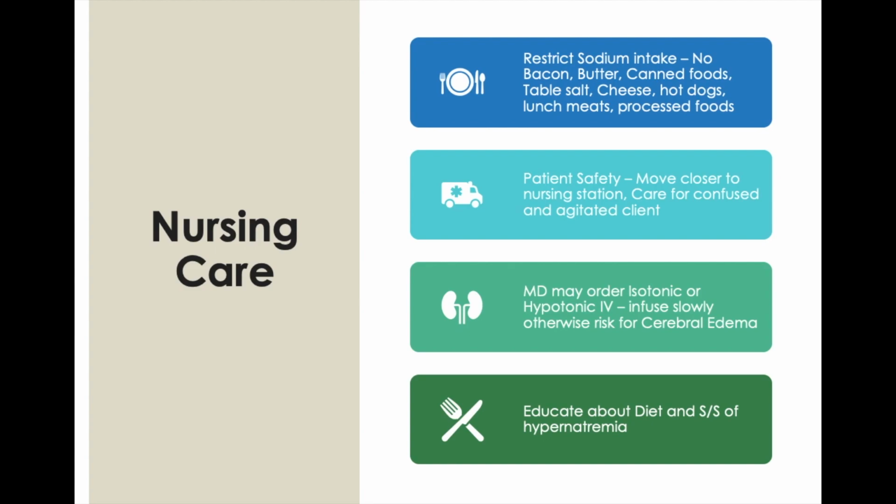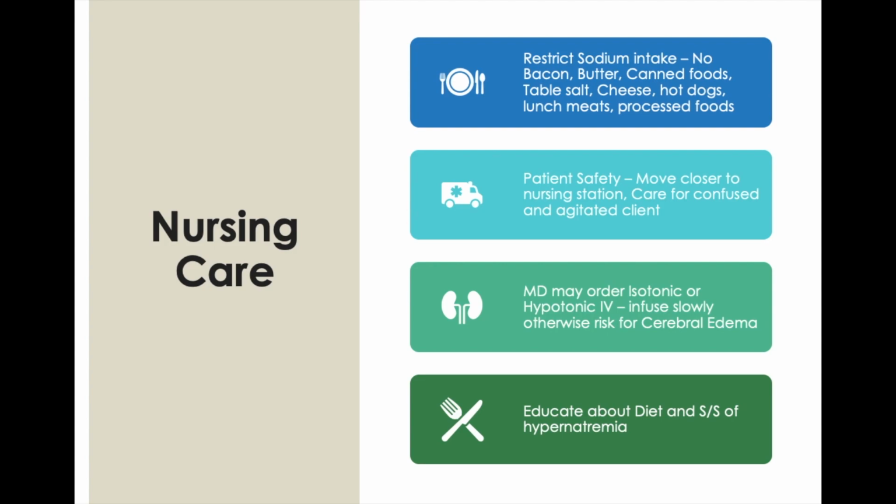Okay, so as a nurse, what you're going to do is restrict sodium intake, of course. So usually sodium is seen in anything that's canned, any frozen foods, hot dogs, lunch meats, hams like prosciutto, all of those things that we love to eat, very high in sodium.